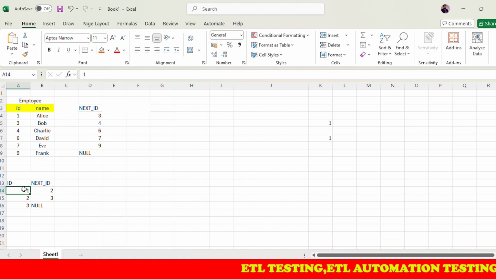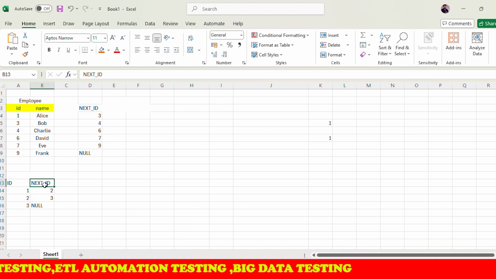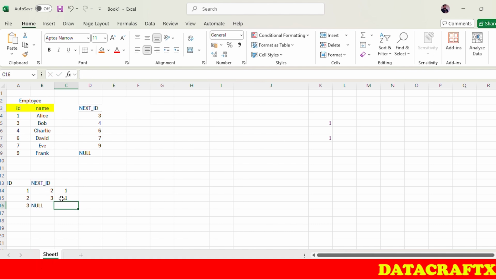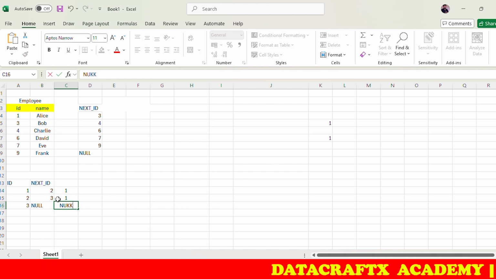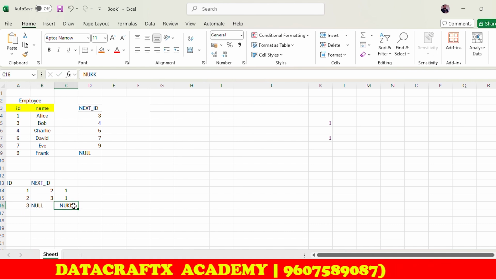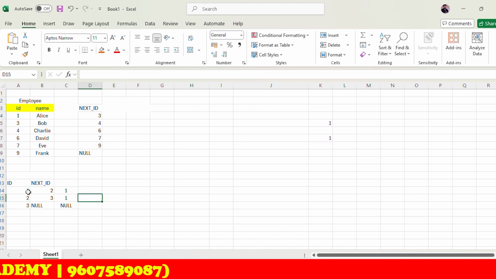Now these are in sequential order and there are no missing IDs. So if we find the difference between the next ID and ID, it is 1 and 1, and then null, because next ID, which is null, minus 3 gives null. So if there is no missing ID, then the difference is 1, correct?